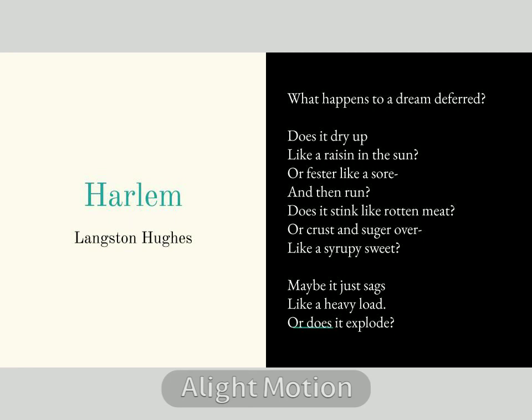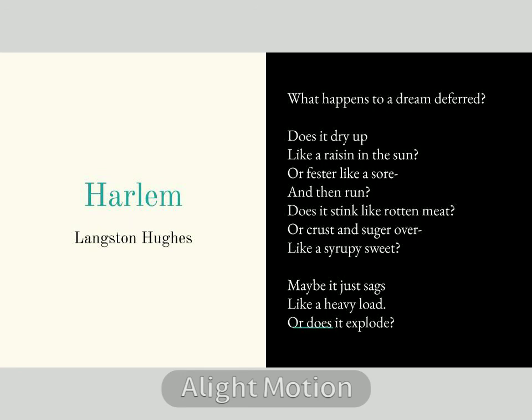So here Hughes is describing that deferred dream by exposing the similarities of that dream with a lot of different things. He compares it to a raisin in the sun which has dried up, or he compares it to a sore, a wound that has festered. He compares it to the stink of rotten meat.